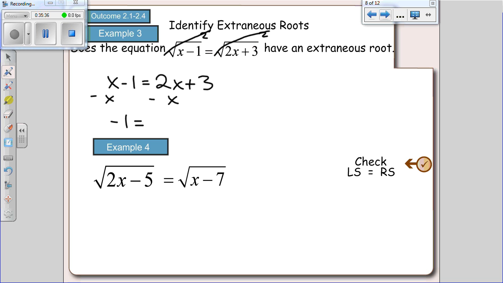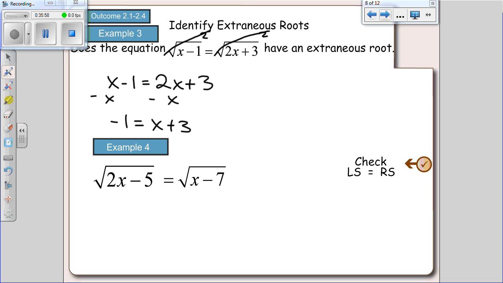So we subtracted 1x from both sides. That left us with negative 1 over here, and 2x minus 1x is just x, plus 3. We then move that 3 over, so subtract 3 from both sides. So we get x is equal to negative 4.